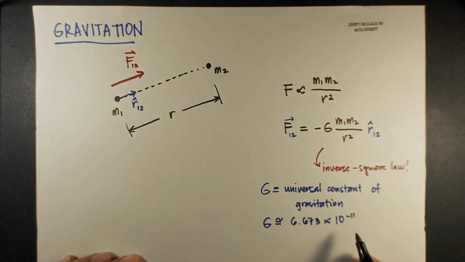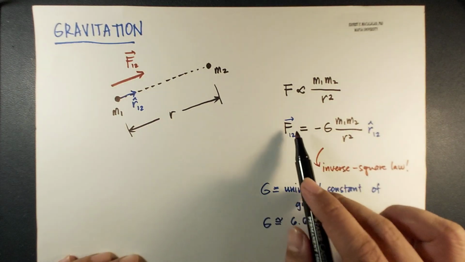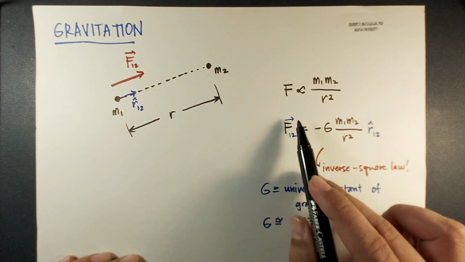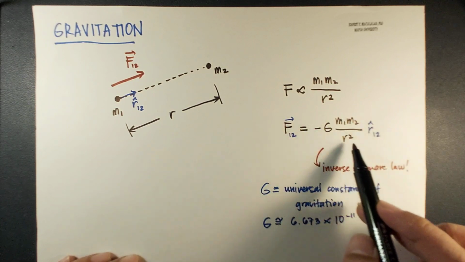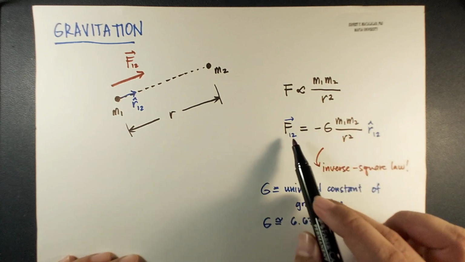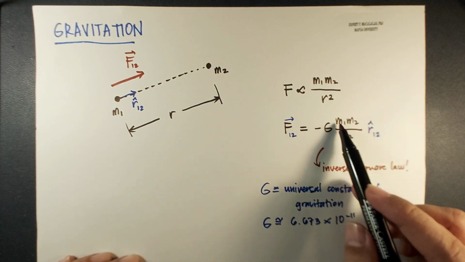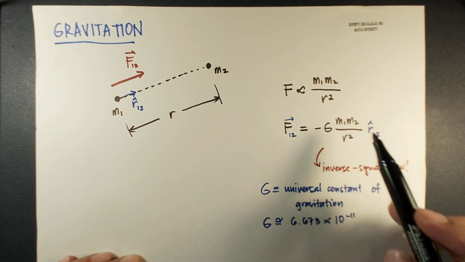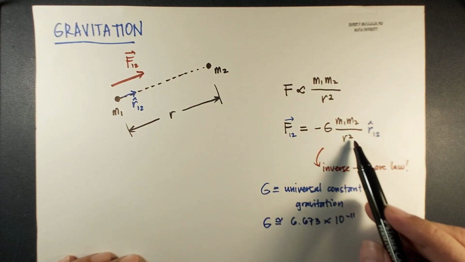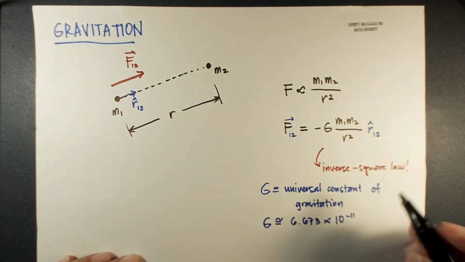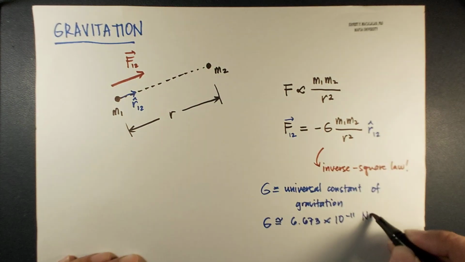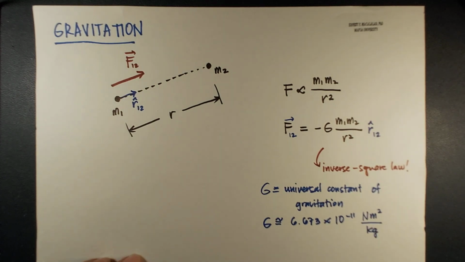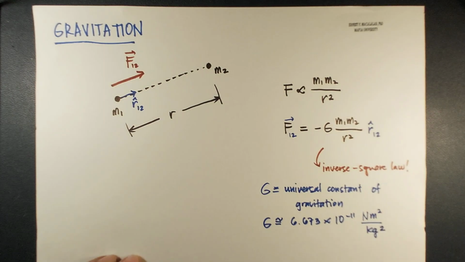Okay, and the unit, because this is a quantity of force, so the resulting unit of this mathematical manipulation should be newtons. So mass and mass, so this will be kilogram squared, and this is r squared, so this is in meters, so this should be in newton meter squared per kilogram squared.